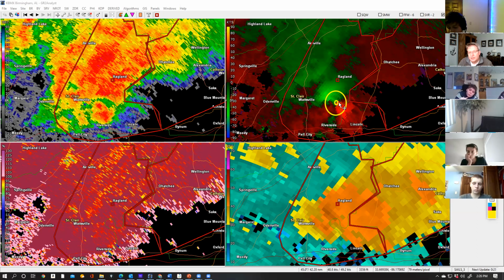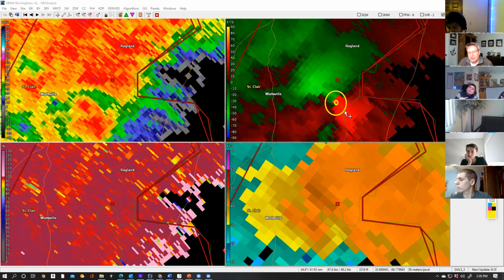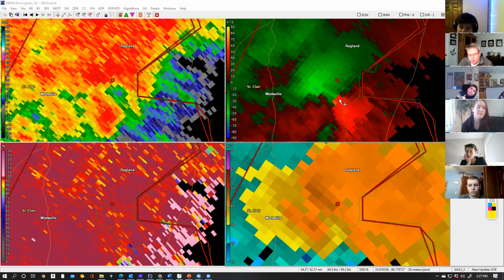Yeah, that's 100 knots. That's gate to gate shear, Lena. Look down here at this. Oh, it's gonna get worse. Right there. What's the highest number you see? 46. 49.5, 56.3.